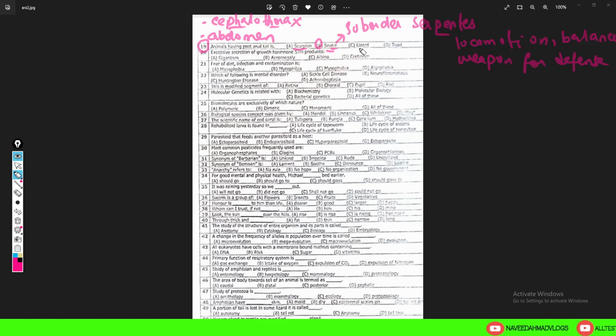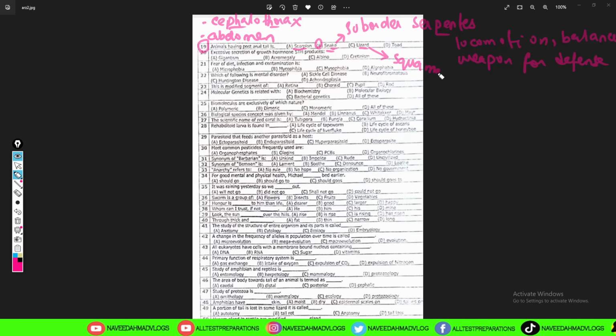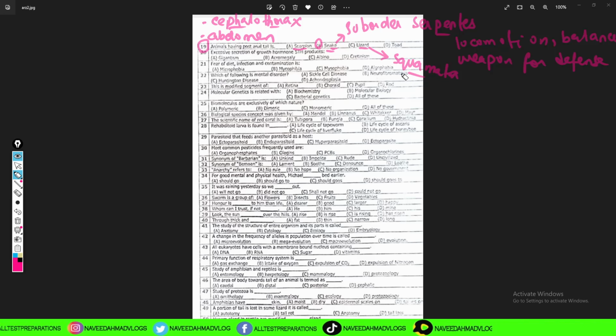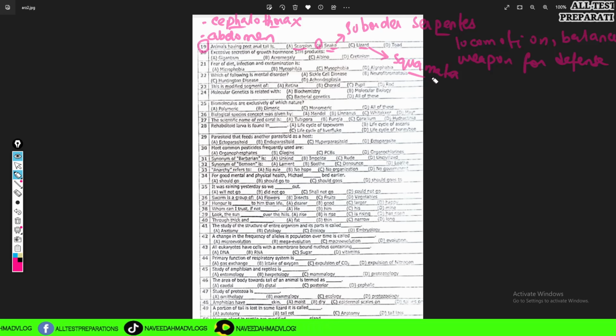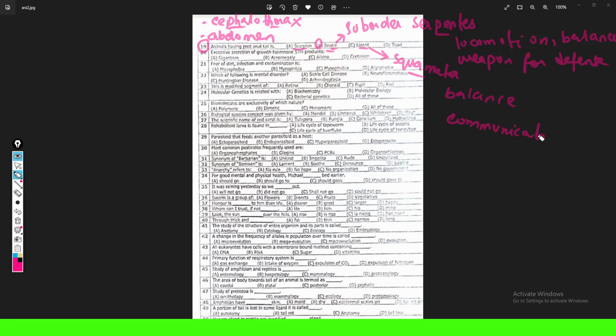While option C is lizard. The lizard is a member of order Squamata, and this is a diverse order, and the lizard contains a distinct tail behind the anus, but we can consider that as a post-anal tail, and that is also responsible for balance, communication, and defense.